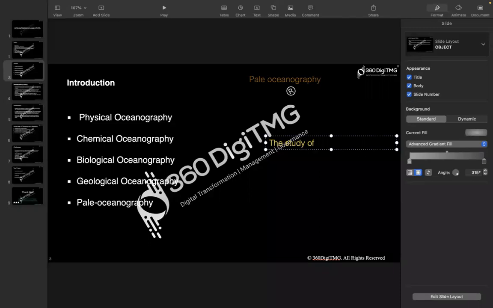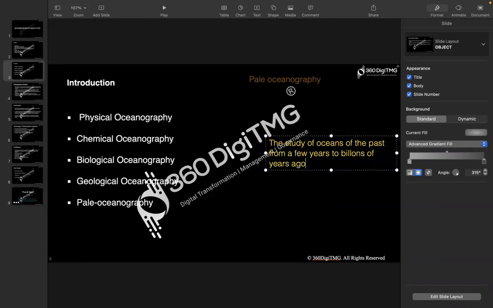It is the study of oceans of the past, from a few years to billions of years ago.